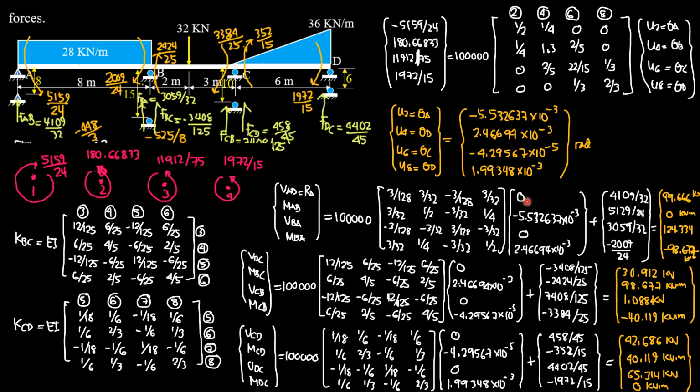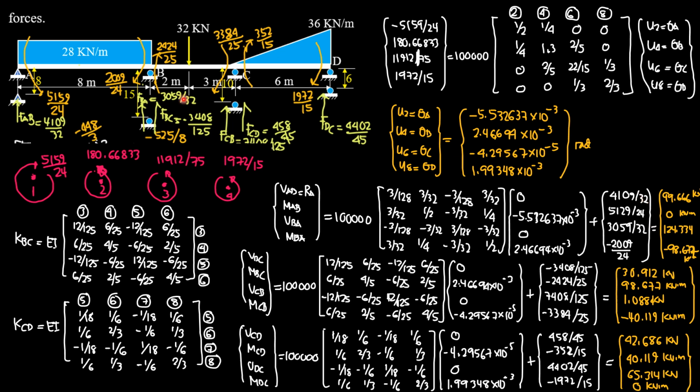Then displacements delta A 0, theta A 0, theta B negative 5.532637 times 10 to the negative 3, delta B 0, then theta B 2.46694 times 10 to the negative 3. Then fixed forces.